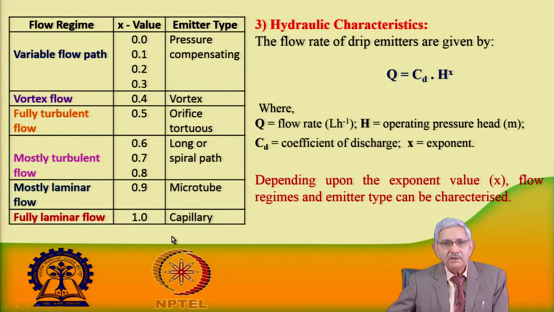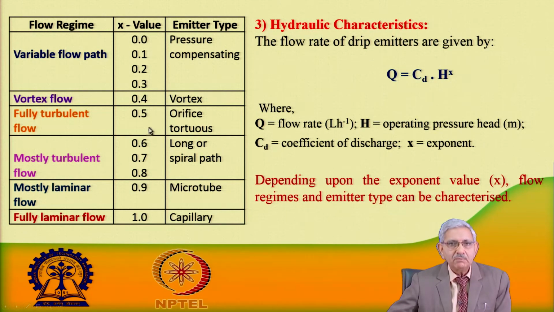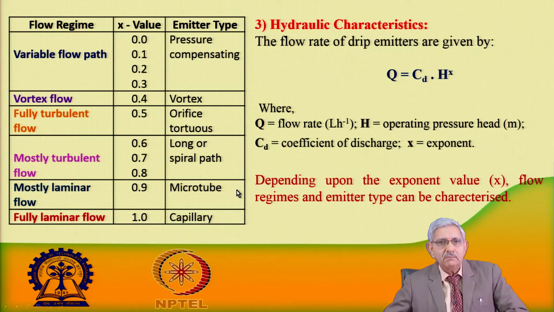So, there is not much resistance to flow, and if it is 0.9, this is mostly laminar, and micro tube is the case where water is flowing. So, there are different cases. Normally, you will find that the majority of drip emitters fall under the orifice or tortuous path type of dripper, or long or spiral path drippers.